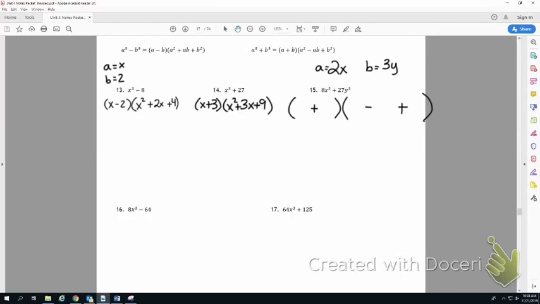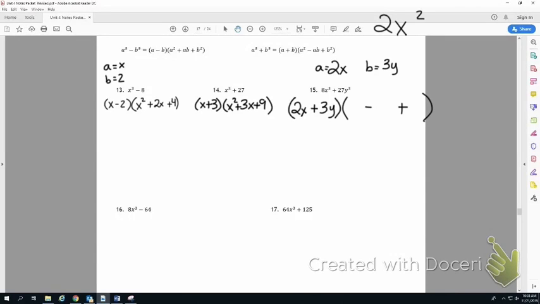Alright, so I'm just going to follow the pattern. Now, the first part, the binomial, that's easy because it's just A, just B. The first term of the trinomial, right here. What is that going to be on this one? Not 2x squared. Nope. Okay, and this is the part that I was saying you need to be aware of. If you're squaring all of A, look up at the very top.